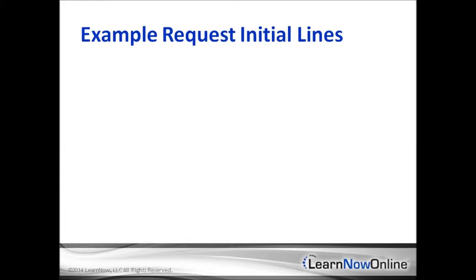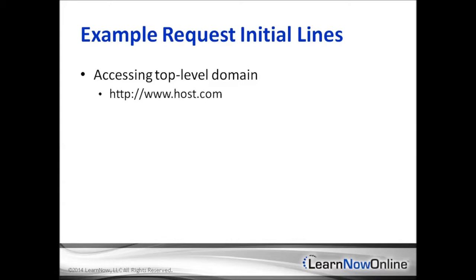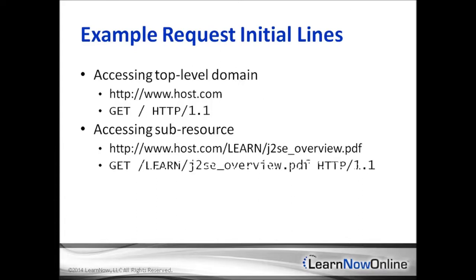So what do our request lines actually look like? So if I'm accessing a top-level domain, like www.post.com, then my request line to perform a GET would look like this. Okay. If I was accessing a sub-resource, then it would look like this right here.